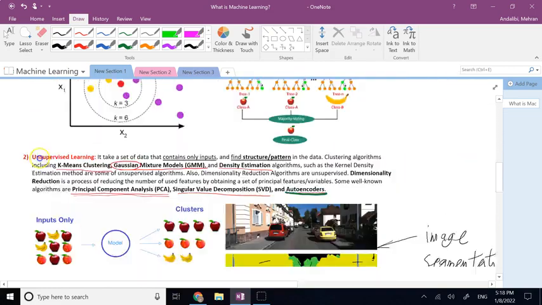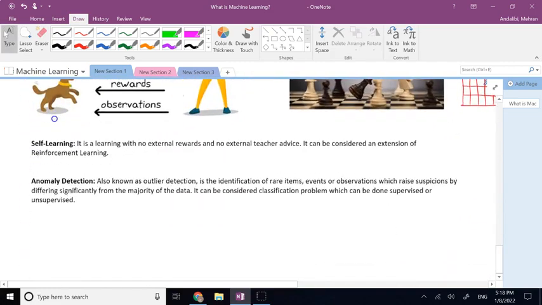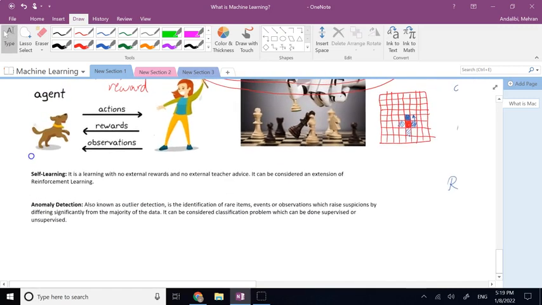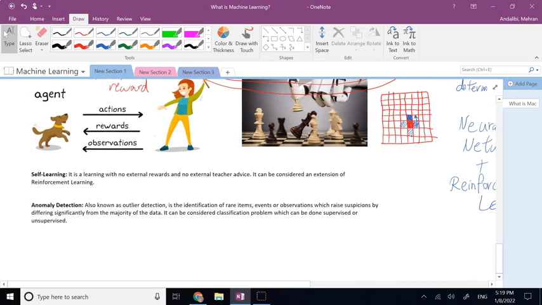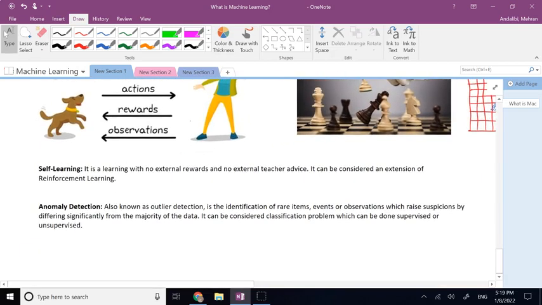Okay, so with all that said, for the last two points, there are a couple of other categories that I have seen in different resources. One of them is called self-learning. I would say reinforcement learning is a more generalized version of that, where there is no clear external reward or any advice.